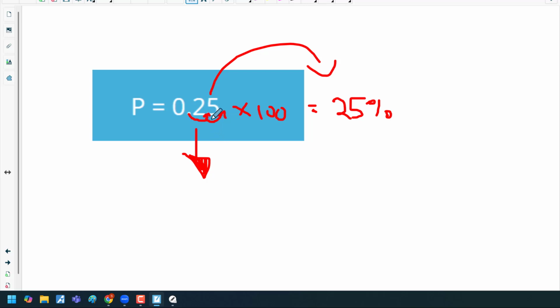So 0.25, there's 2 places after the decimal, so that's going to be 100. You add a 0 for each place. I don't know if you remember this from grade 9 or grade 8 or 7, whatever, these are called the tenths place, the hundredths place, and the next one is the thousandths place.